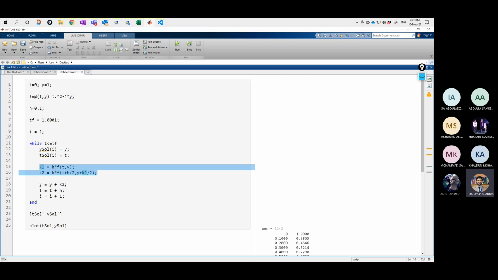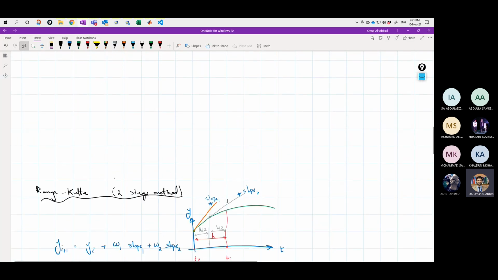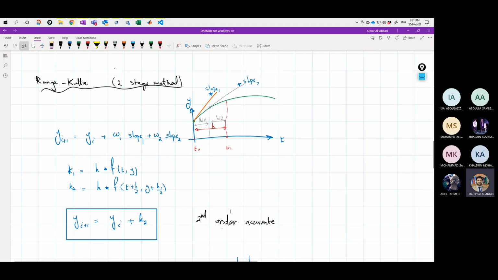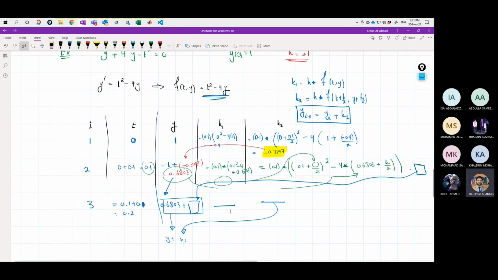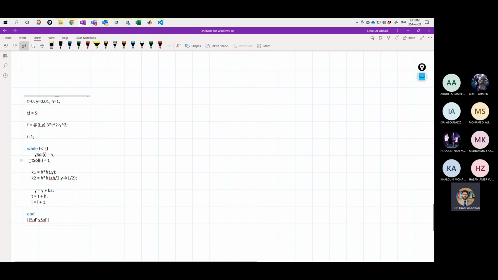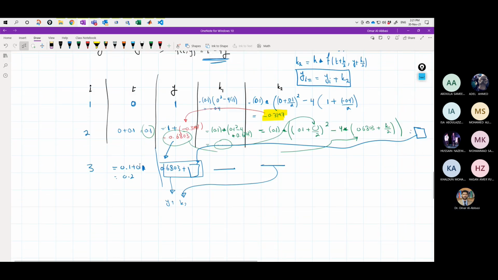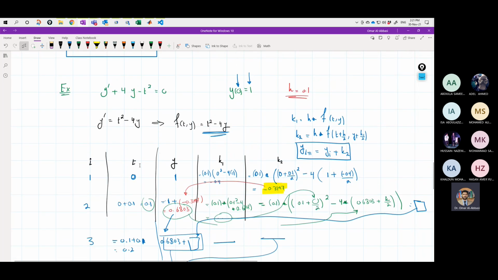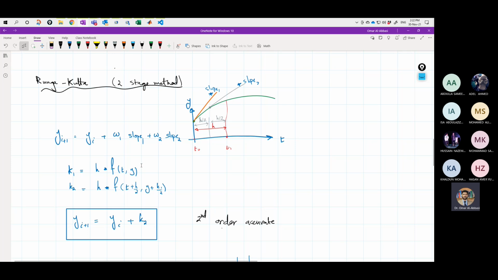We are adding more weights and taking an extra slope in comparison to Euler's method. But yet, this is much better in terms of the accuracy. Next time, Shabab, we'll answer more questions, we'll solve more problems, and we can compare those approaches together. Do you have any question regarding what we presented today?